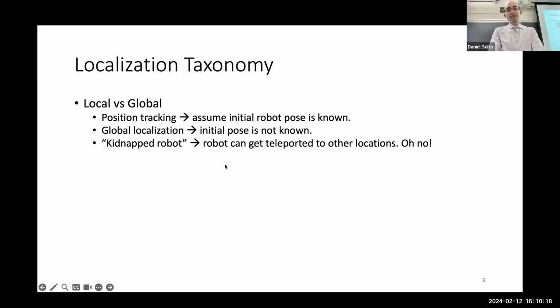It's kind of silly to assume robots can get teleported. The real motivation here is to be robust to failure. So this is a taxonomy of different problems, and you'll want to consider it when you think about your own localization problem and the assumptions that you're making.